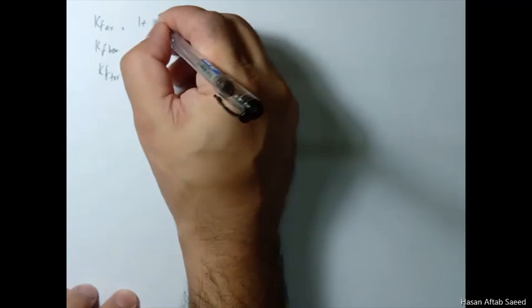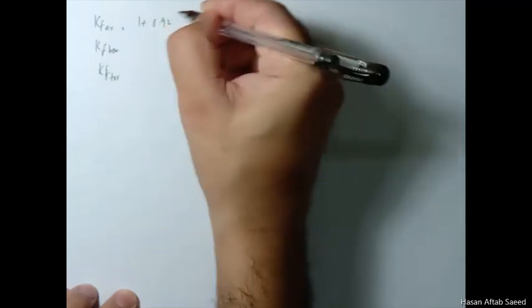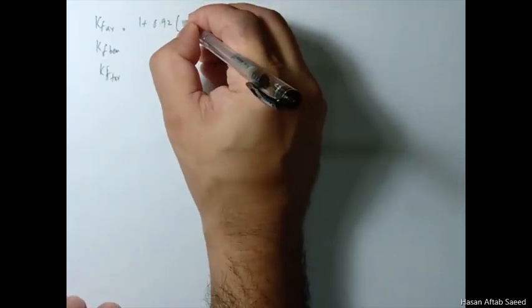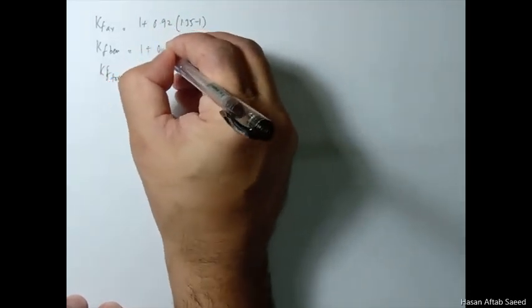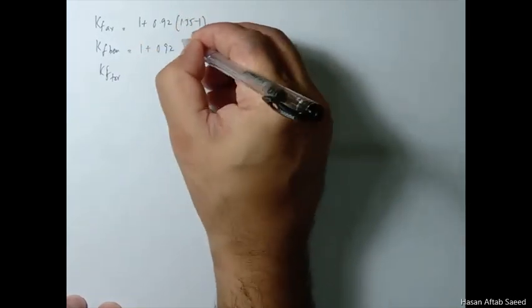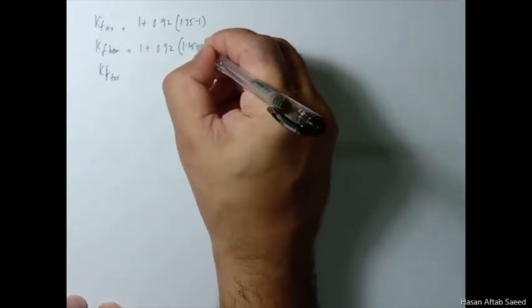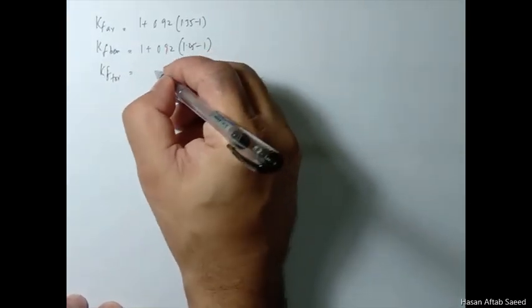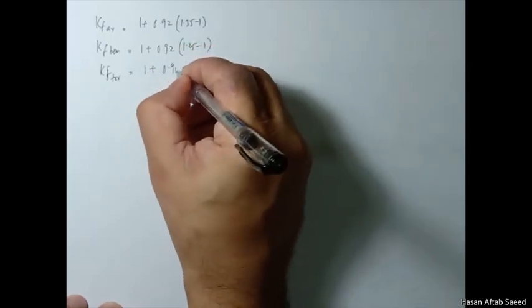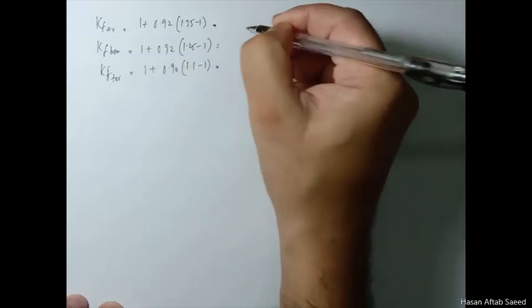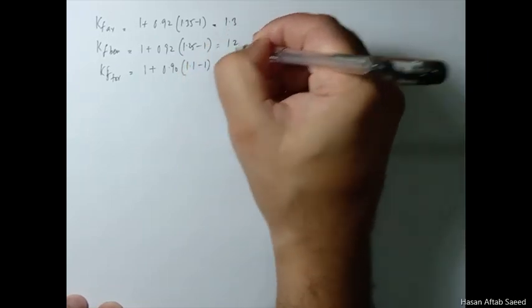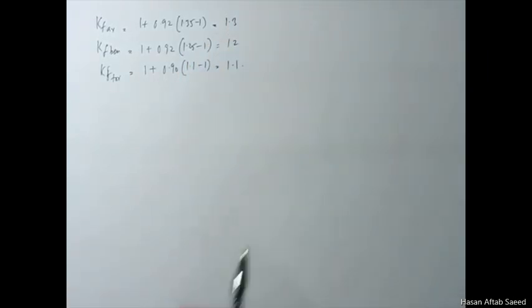So for axial, q is 0.92 and Kt is 1.35, so 1 plus 0.92 times (1.35 minus 1). For bending, the same q, 1.25 minus 1. For torsion the q is different, 0.90, and 1.1 minus 1. If you calculate these you will have 1.3, 1.2 and 1.1. These are the stress concentration factors that you are going to actually apply.